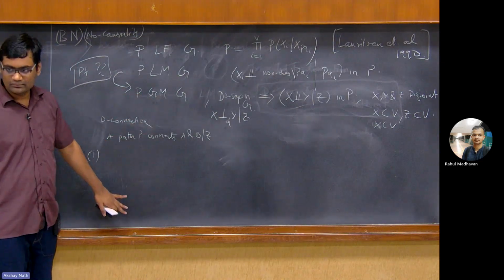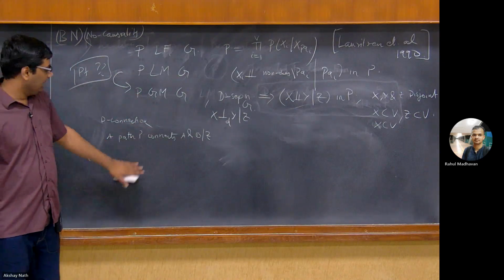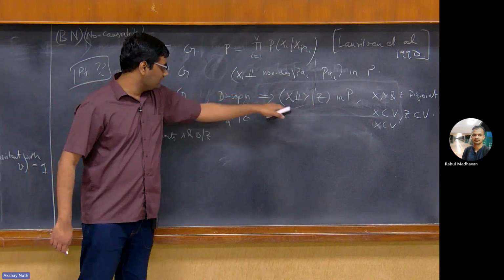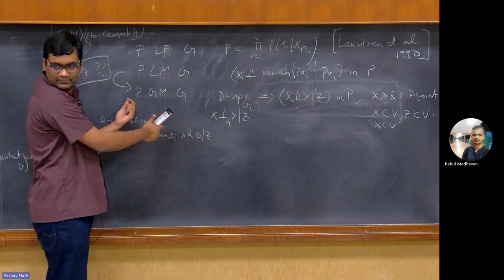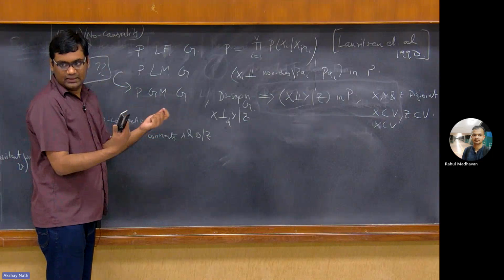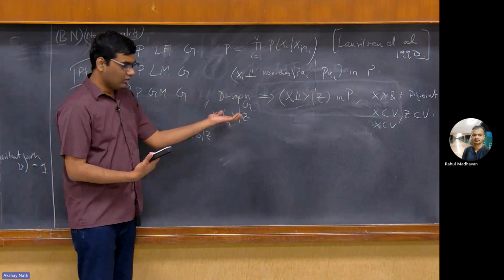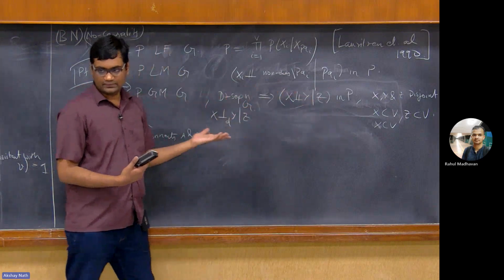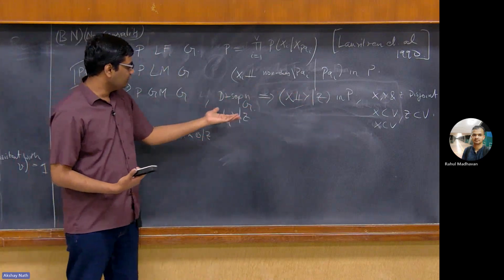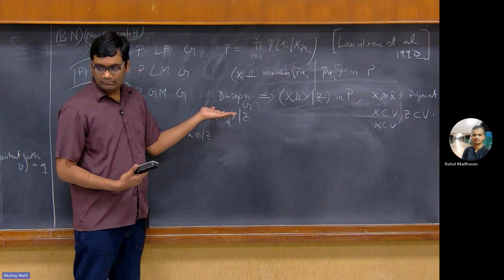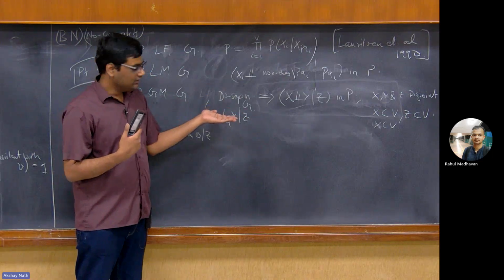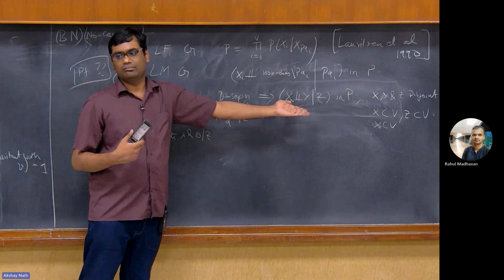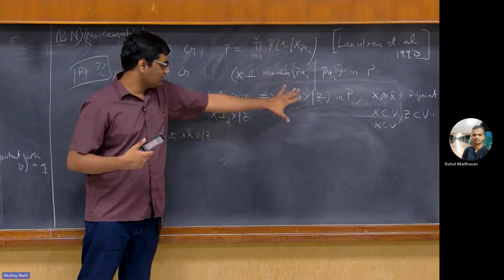D-separation is a separate definition. The definition relates two things, and I have to tell you what the relation means. It means the following: if something combinatorial holds, then something probabilistic will hold. That's all it says. For a lot of connectivity patterns, it implies a certain signature in probability. So quite a lot of statements.